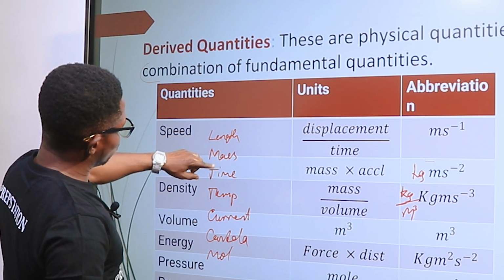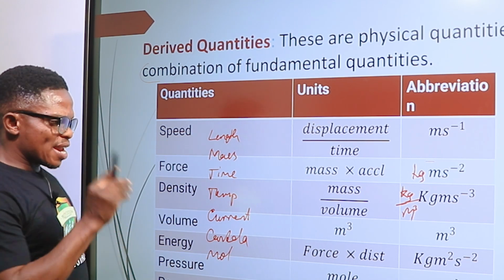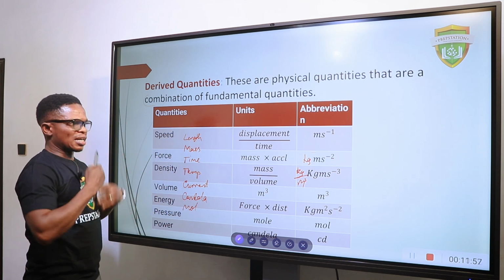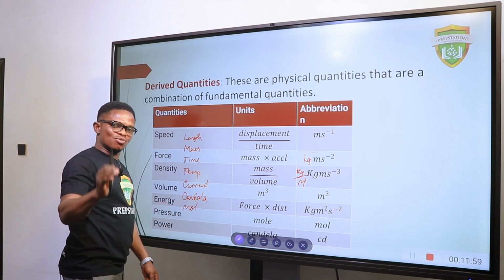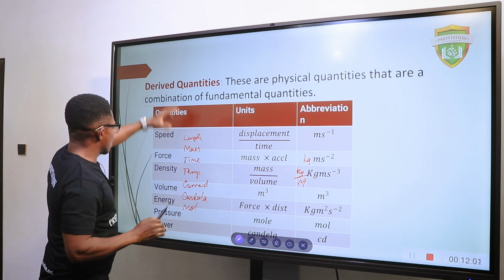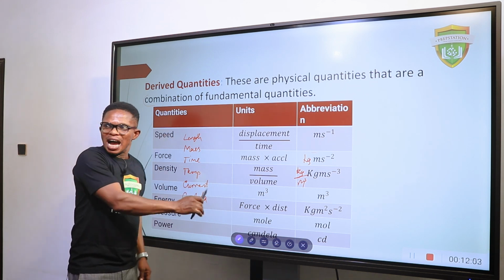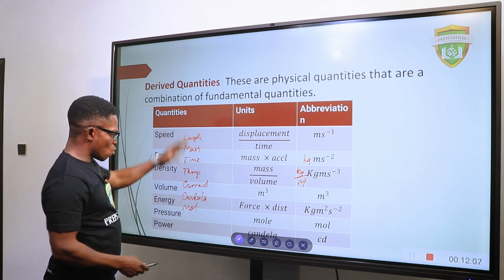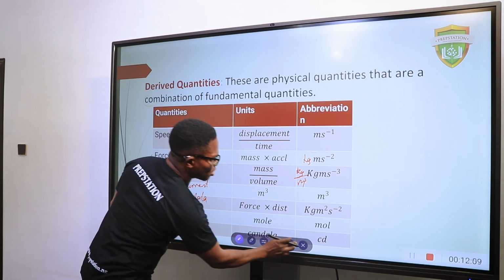How many? 1, 2, 3, 4, 5, 6, 7. So any other quantity apart from these 7 I've written here is categorized under derived quantity. And they cannot be gotten without the arithmetic derivation from these. I hope you got that.